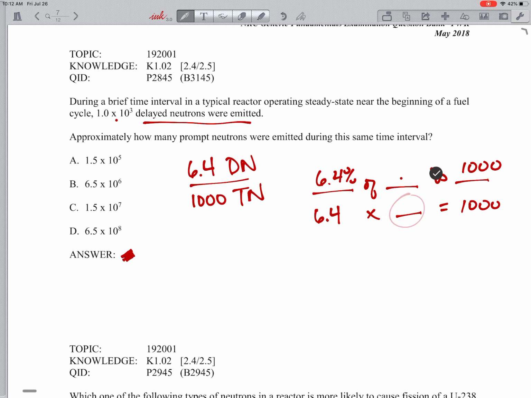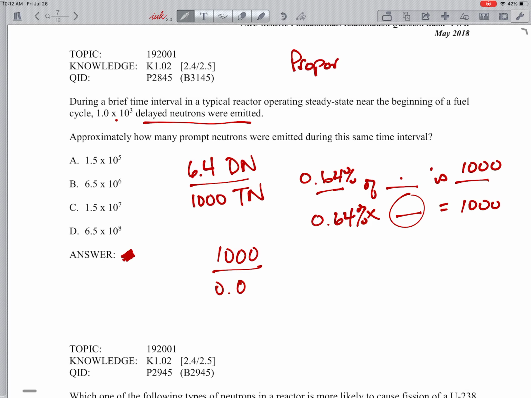So we can find this blank by dividing 1,000 by 0.64. Excuse me, that's 0.64%. All right. So this will be a proportion question. And I have this right here to show me that there ain't a lot: 0.0064.